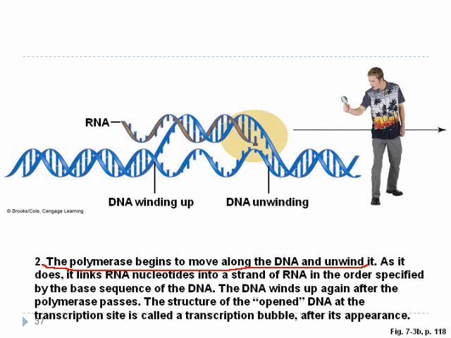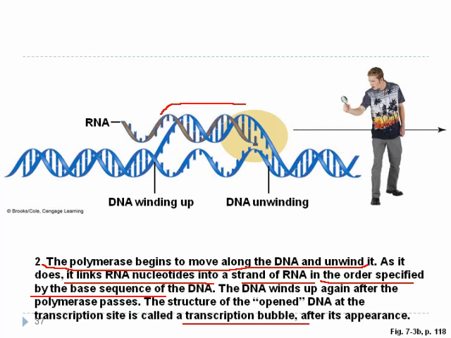The polymerase begins to move along the DNA, it unwinds it, then it links RNA nucleotides into a strand of RNA. It does that by matching them by hydrogen bonds to the DNA ones, so it ends up in the same order.